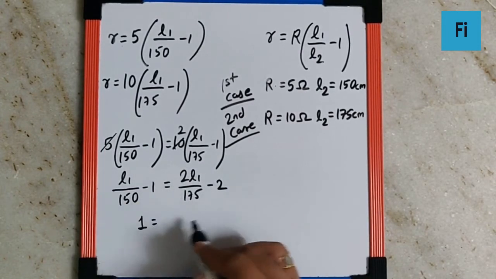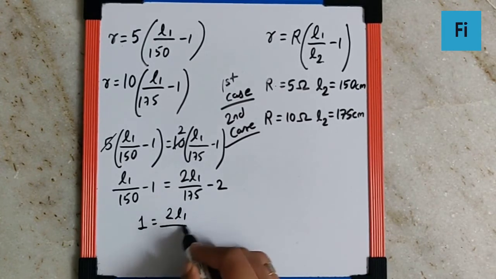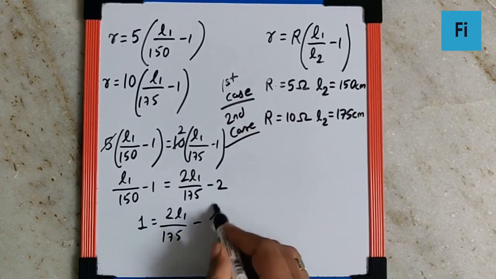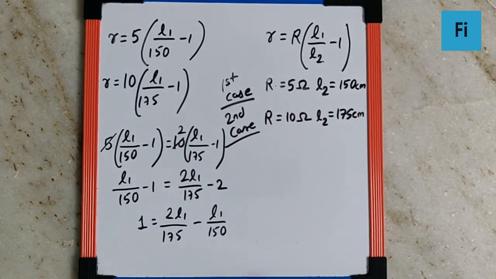We can take this L1 by 150 over here and we have 2L1 by 175 minus L1 by 150. Definitely we can take L1 common. At the same time we can take 25 in the denominator common.